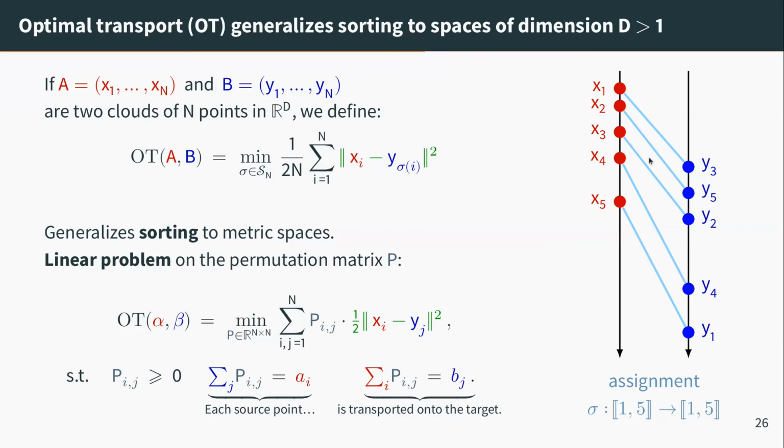Then it's not too hard to see that, okay, here maybe you would decrease the cost a lot, but by introducing this long coupling between x3 and y4, you're actually losing a lot because the squared Euclidean distance is strongly convex. So it's always a bad idea to introduce crossings. And so this is why in 1D, the optimal coupling has no crossing.